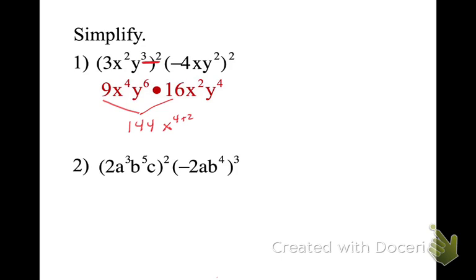But when it's true multiplication like this, we're adding the exponents. Y to the 6th times y to the 4th is y to the 6 plus 4. So that becomes 144 x to the 6th, y to the 10th. And you do need to finish it all the way up. So I'd like you to pause the recording and try the next one on your own.